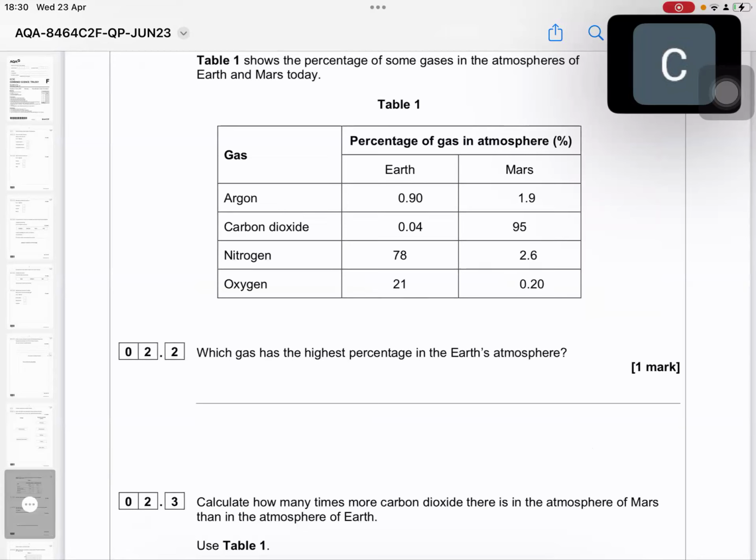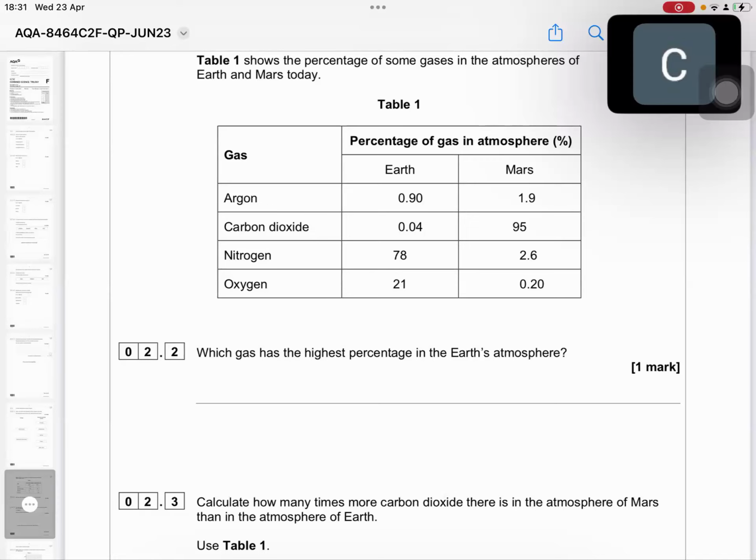This one looks like another calculation. It says table 1 shows the percentage of some gases in the atmospheres of Earth and Mars today. So that's a side-by-side comparison. Which gas has the highest percentage in the Earth's atmosphere?